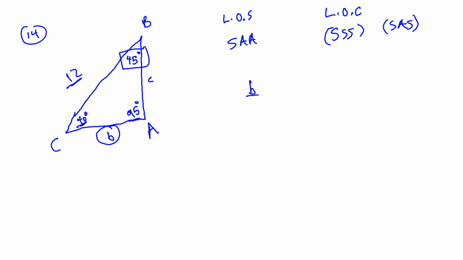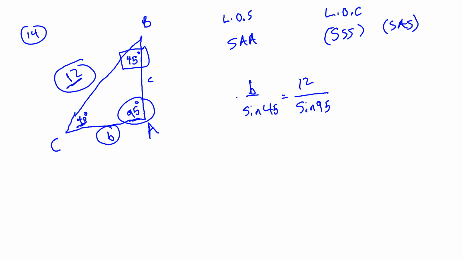So it's going to be b over the sine of 45 equals, and then we put the two that we know. So it'll be 12 over sine of 95. So we're going to multiply by sine of 45 on both sides to get rid of the sine of 45. So these will cancel. And so we're going to end up with b equals a certain value. I believe it's 8.5, right? But yeah, I think it's 8.5. You repeat this process for C. You get what I'm saying?